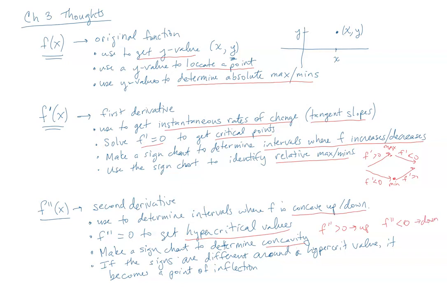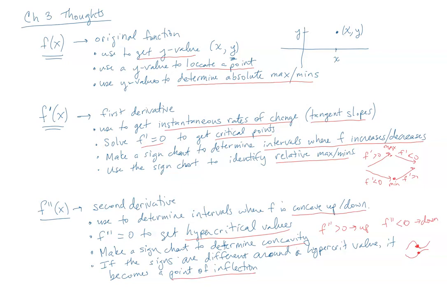Okay, and if you're at a hypercritical value where it's neither concave up nor down, it's got a second derivative of 0. If the concavity changes at a point from concave down back to concave up, or it could be concave up changing to concave down, if you've got that activity, that's a point of inflection.